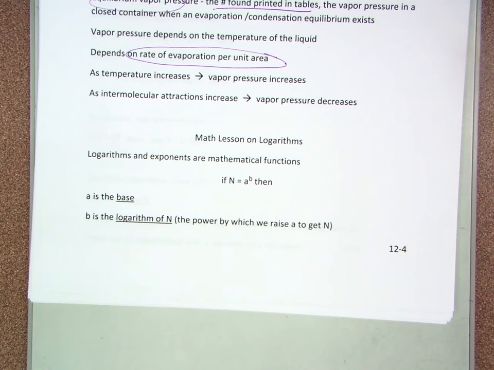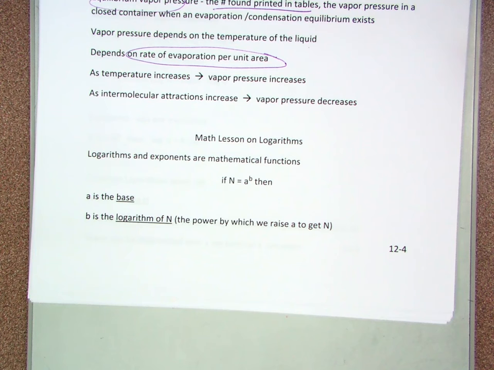So why am I drawing these lines on the board? Because when we get to the evaluation for this unit, the test, you're going to be asked to look at a series of materials. And there will be a list of formulas. At this point in the semester, it's your job to pull together everything we've done.